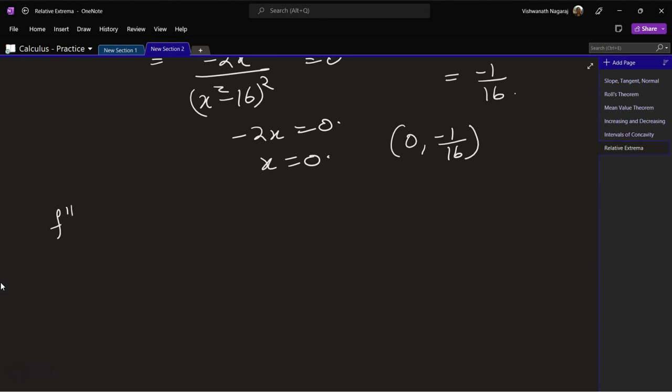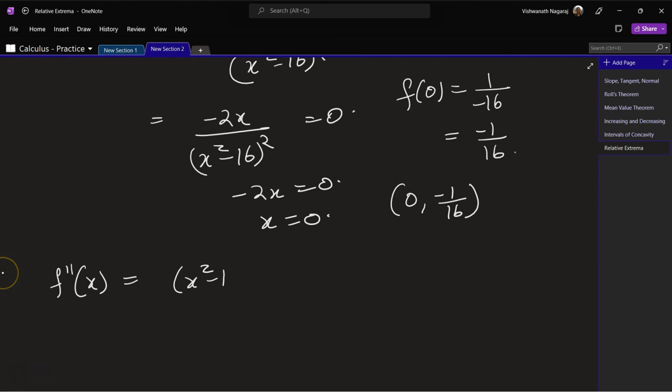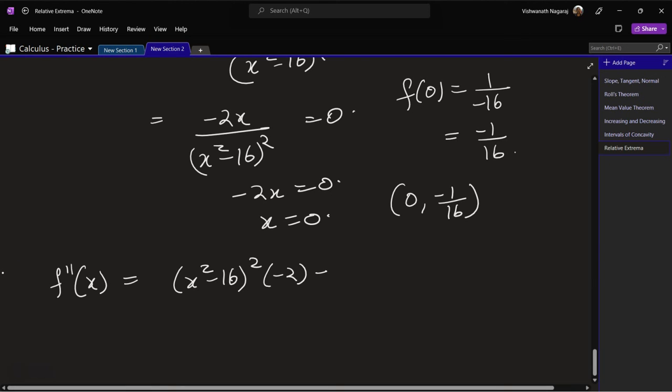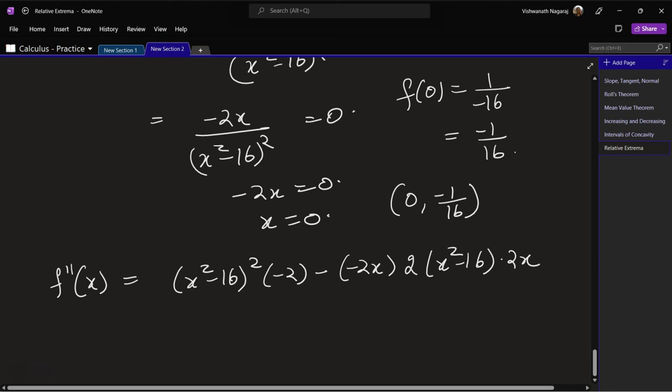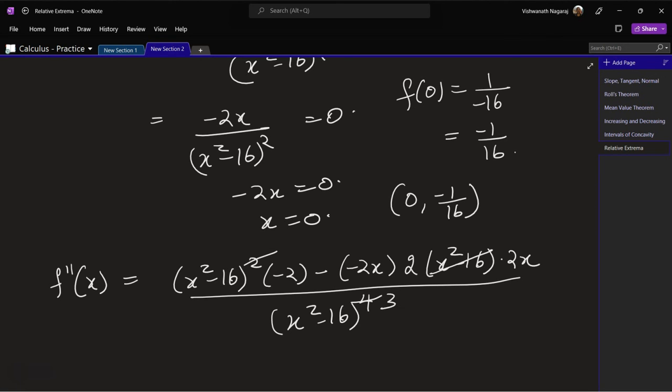Now, f double prime of x is going to be x square minus 16 square times minus 2 minus minus 2x times 2 times x square minus 16 times 2x divided by x square minus 16 square that is 4. So one of this, one from here and one from here will get cancelled.